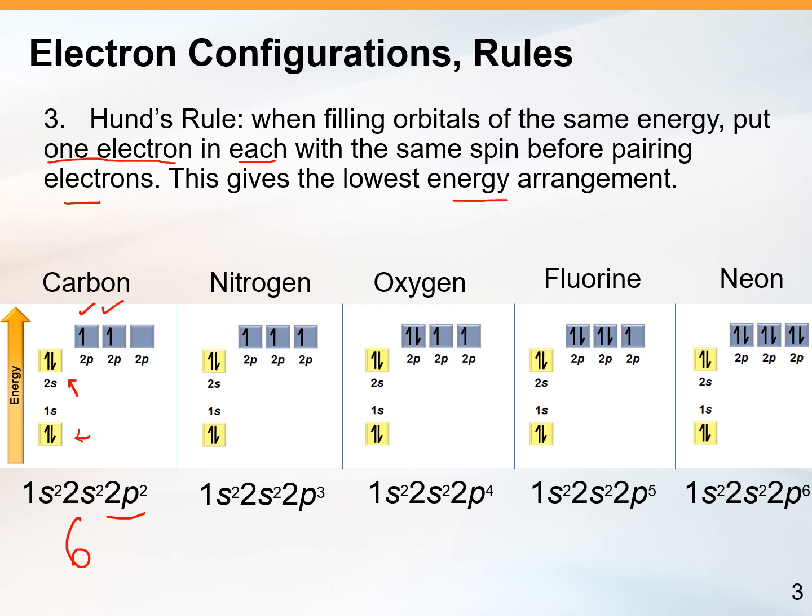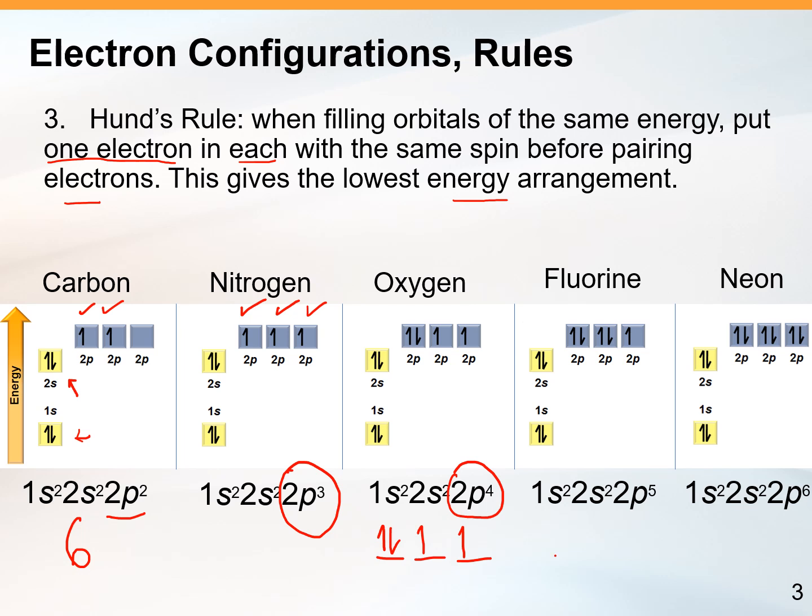If a third electron was to be put in, for example, for the 3 electrons in the 2p subshell of nitrogen, those 3 electrons would be put one at a time with the same spin without pairing. When it comes to oxygen, now you've got 4 electrons in the 2p subshell. The way they are filled is 1 in each with the same spin, and then the 4th one will go paired with one of the single electrons.